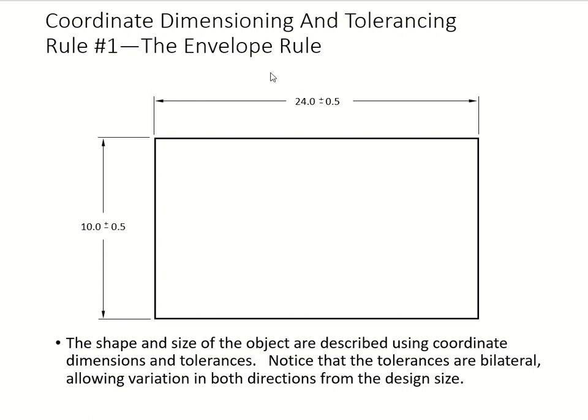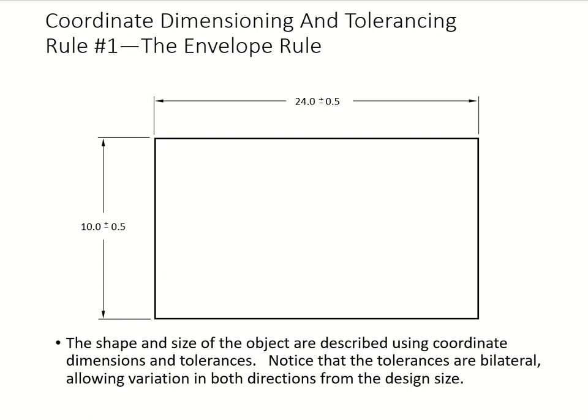You have two different axes: this is your y and this is your x-axis in your coordinate system. Therefore you're dealing with this object bilaterally, so you have variation in this direction and also in that direction. This is your design size of a shape and size of that object within these tolerances.